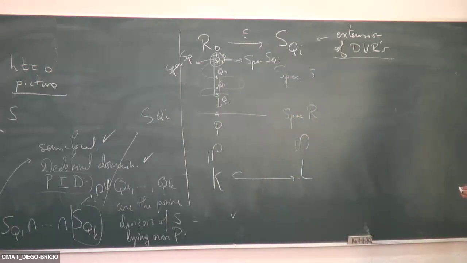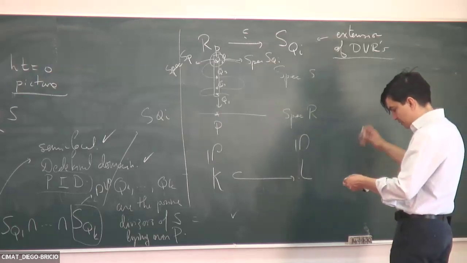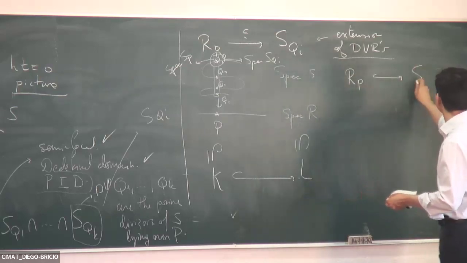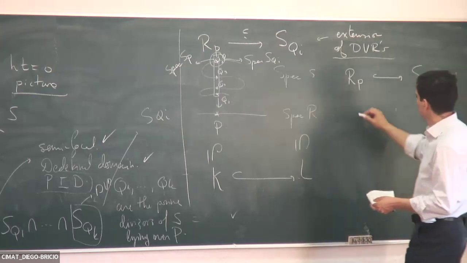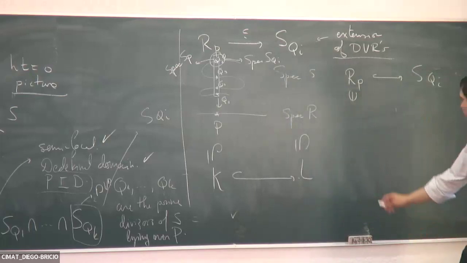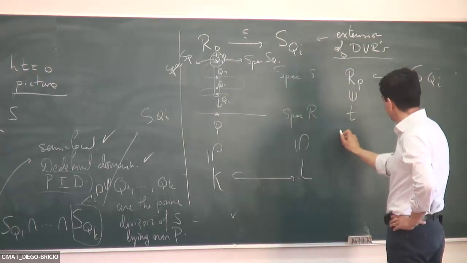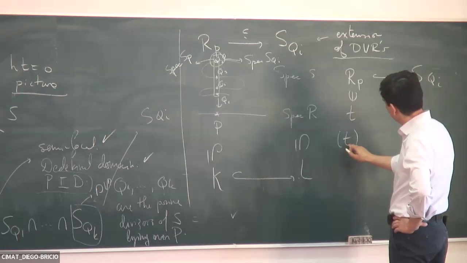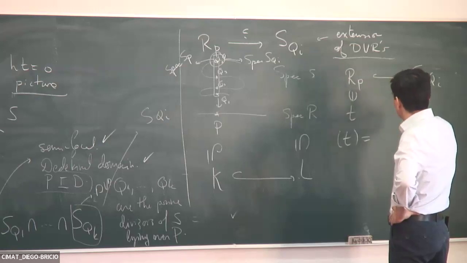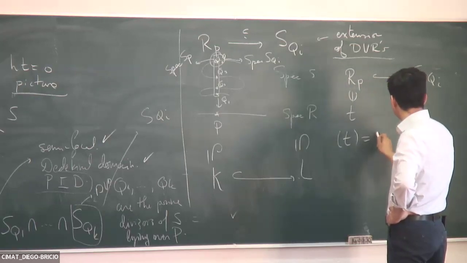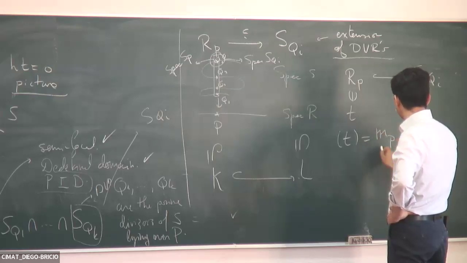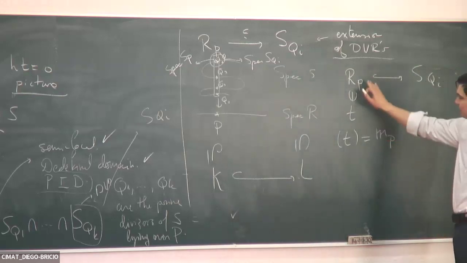So okay, you have this extension of DVRs, and so well, let's isolate it again. So let's put it here. So this guy will have a uniformizer. What is a uniformizer? Let's write it down as T. So the point is that T generates the maximal ideal of this ring.